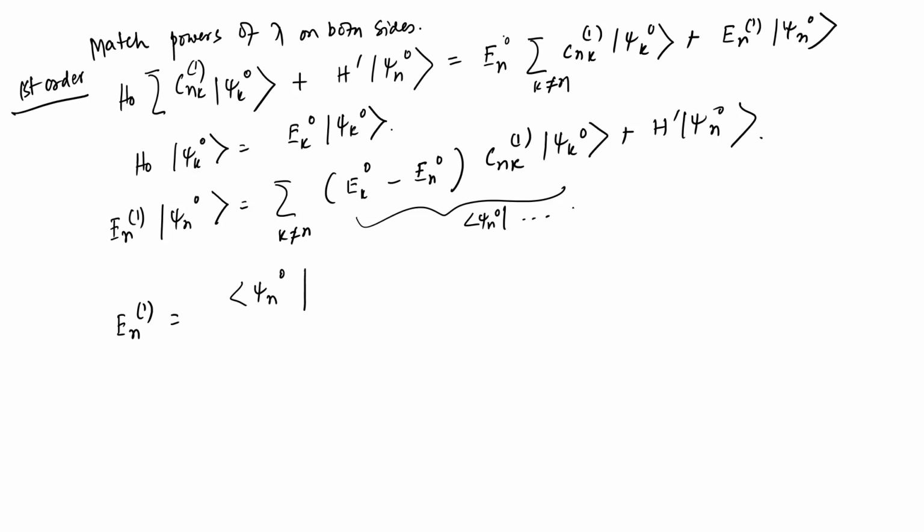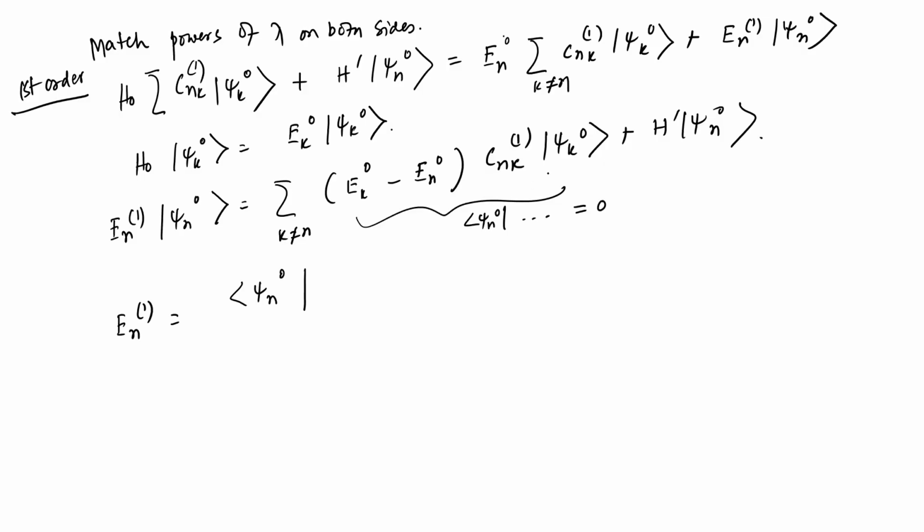Okay. This gives you 0 because n is not equal to k, and each of these psi n 0 and psi k 0, this n and k are different labels of the wave function corresponding to the unperturbed problem, and each one of those psi n 0 is orthogonal to the psi k 0 when n is not equal to k.